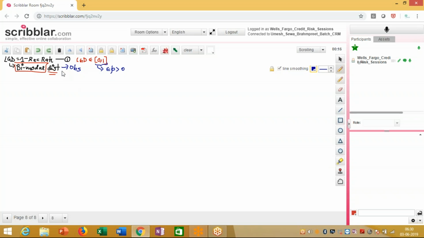The second type is theoretical distributions, which are your fitted distributions. You may want to fit a binomial distribution or a normal distribution.